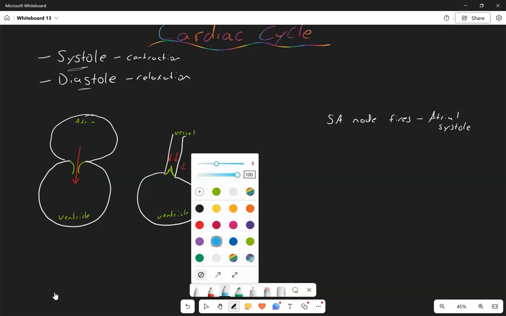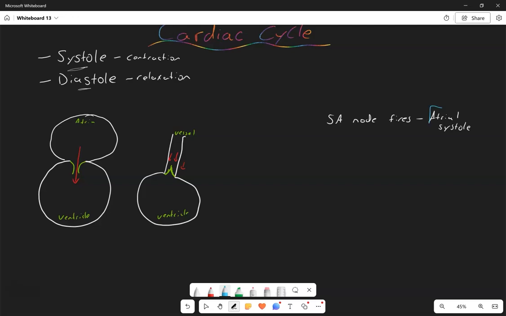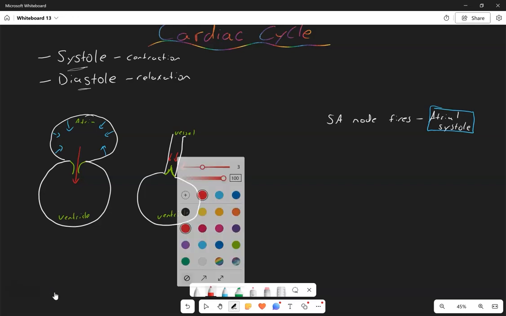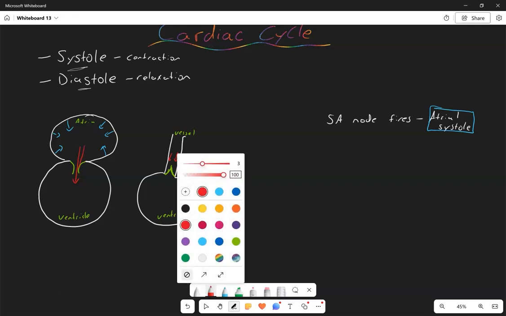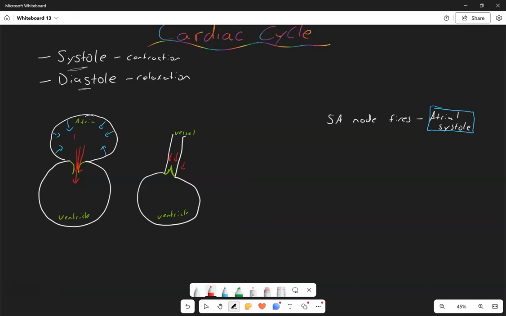Let's say in atrial systole, we'll put a box around it in blue so that we can follow it over here. The atria are going to contract. This is going to increase the force here, because we are going to decrease the volume of the chamber, which is going to increase the pressure inside the chamber. So that's going to increase the force down.